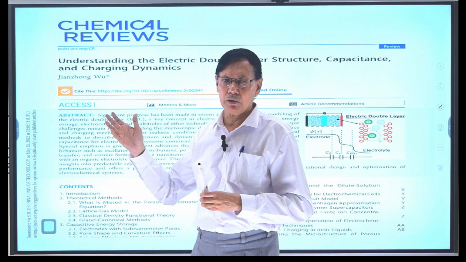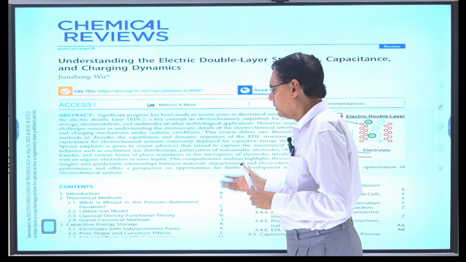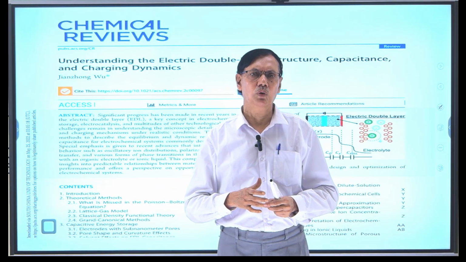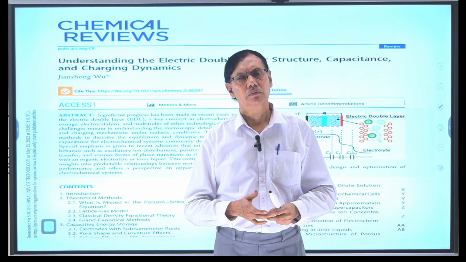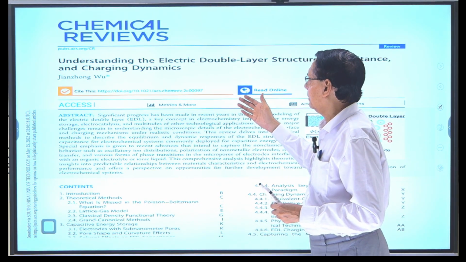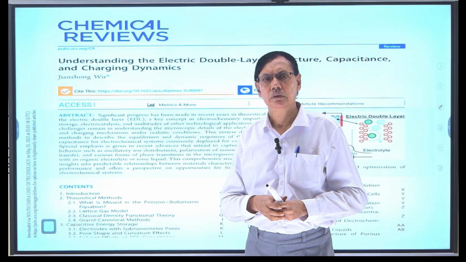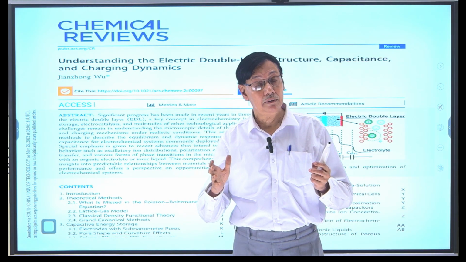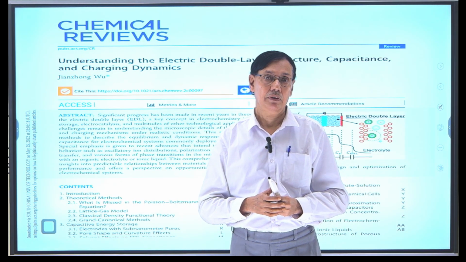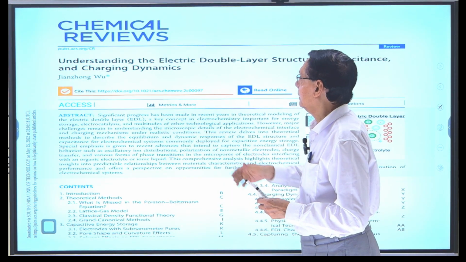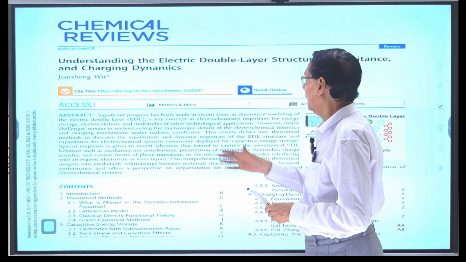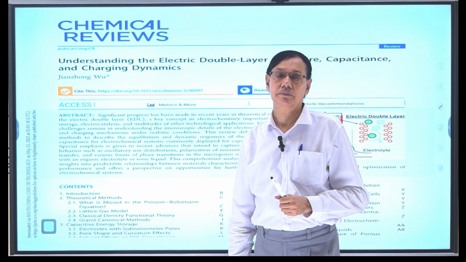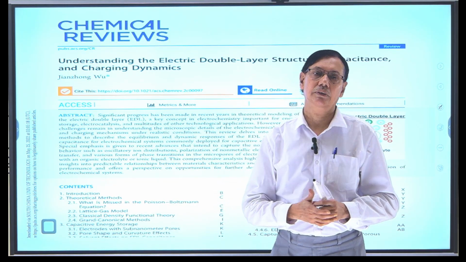And there are a large number of very good articles. I am not saying that you go through all those papers, but if you are interested, you can see some of the important review articles related to electrified interfaces. One such article is in Chemical Reviews, Understanding the Electric Double Layer Structure, Capacitance, because that is the ultimate objective.